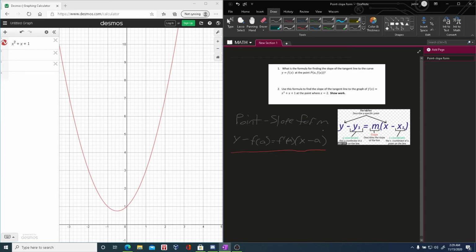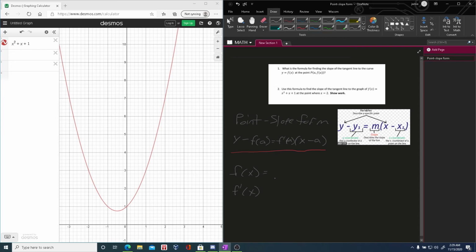Now where I just took it is already a little bit past where it wants us to go. To find the slope at any given point, as we already showed, is just f prime of a. So what we're going to do is get f prime of x.